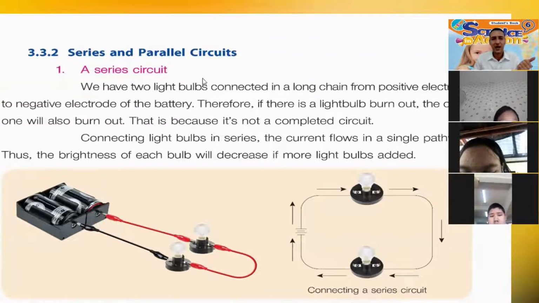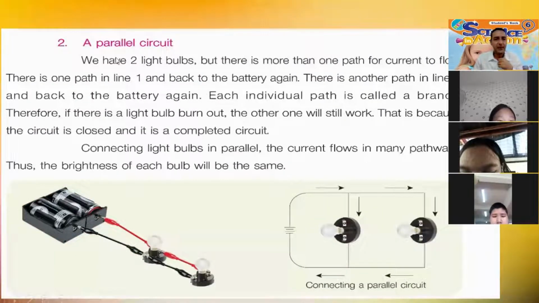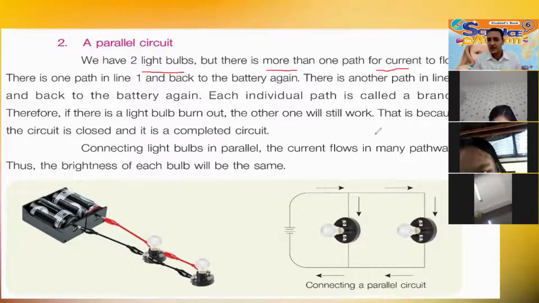Okay, now next one is a parallel circuit, right? So in a parallel circuit, here we have two light bulbs, but there is more than one path for current to flow. Here you can see we have the same diagram, the same circuit, right? But as you can see, the paths are more than one.